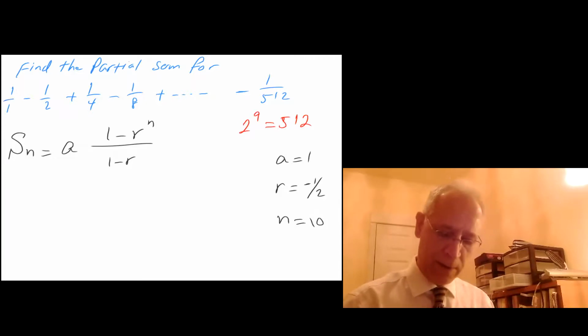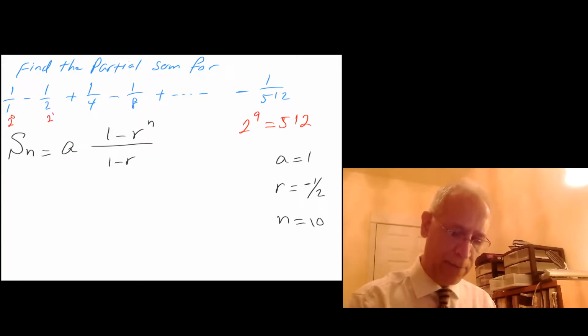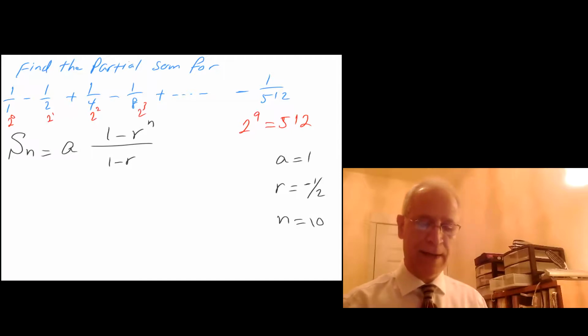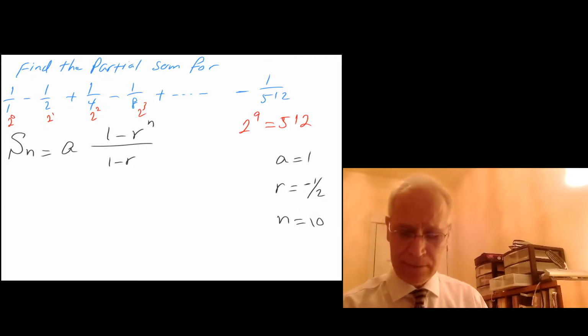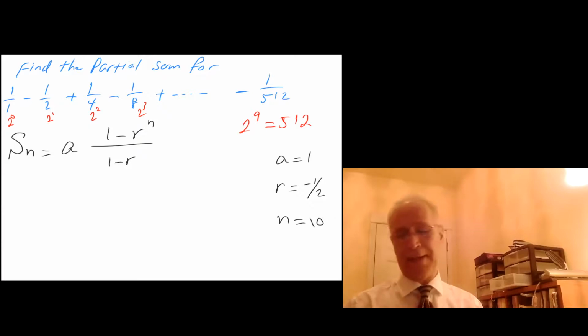So this 1 right here is 2 to the power of 0, 2 to the power of 1, then 4 is 2 to the power of 2, then 2 to the power of 3, and on and on. So the first term is 2 to the power of 0. The second term is 2 to the power of 1. So when you get 2 to the power of 9, you are on the 10th term. So n equals 10.